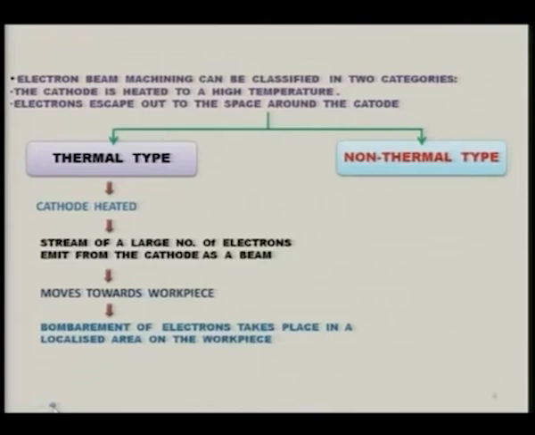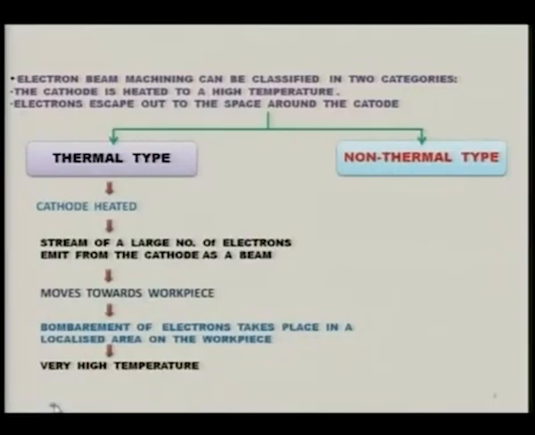The area on which this bombardment of electrons is taking place is very small in size, and the kinetic energy of the electrons hitting the workpiece converts into heat, and this heat is so highly intense that it can melt and vaporize any material, and it leads to a very high temperature.